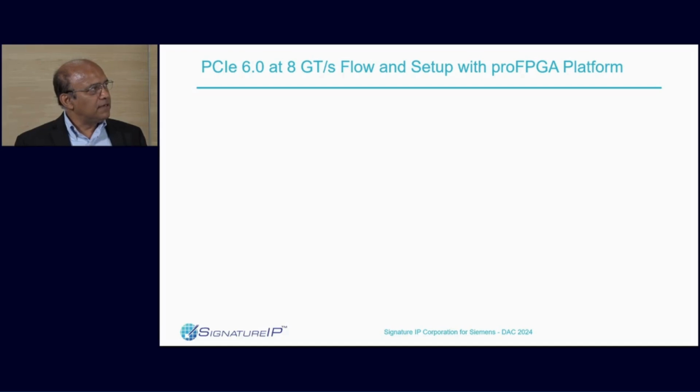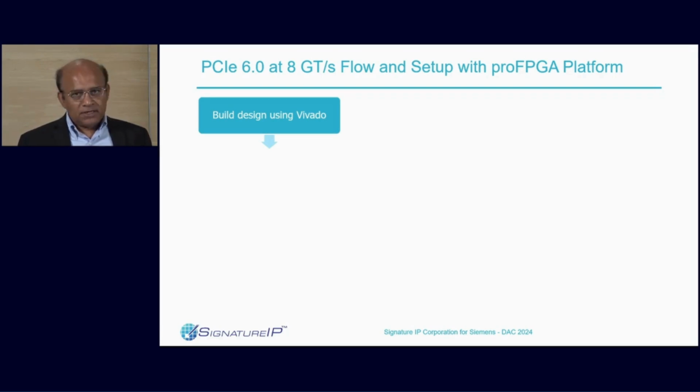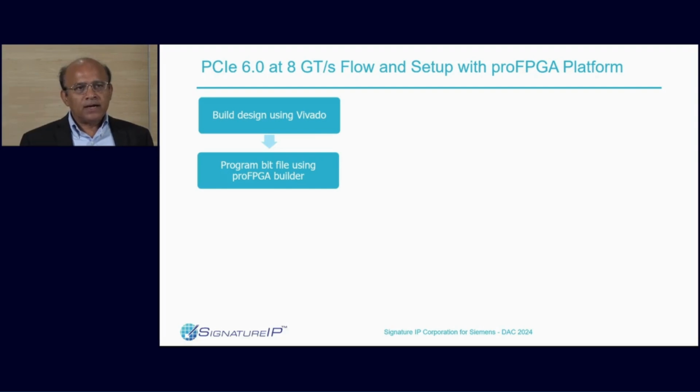So that being said, here is the demo that you will be seeing. It's a PCIe 6.0 demo running at 8 GT/s using the Pro FPGA platform. The design is done using Vivado because it just needs one FPGA. If you need multiple FPGAs, we go ahead and use VPS to partition the complex design that your customer has.